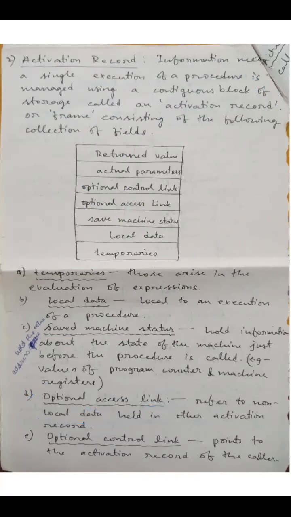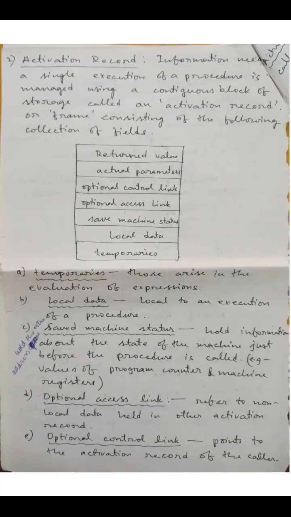The optional control link points to the activation record of the caller. One thing I should mention is that if you have 5 functions, then during execution you should have 5 activation records. That means for each function you have an activation record.